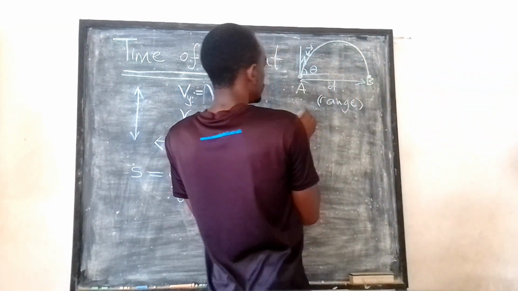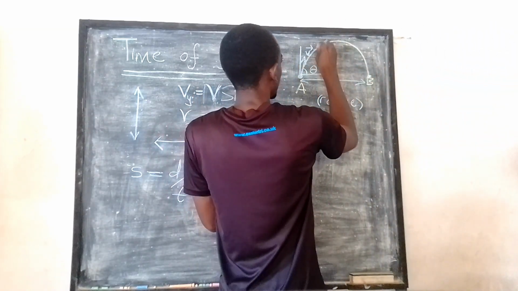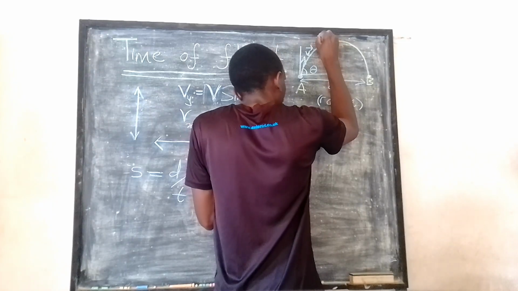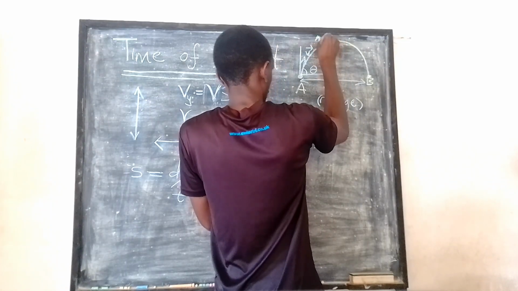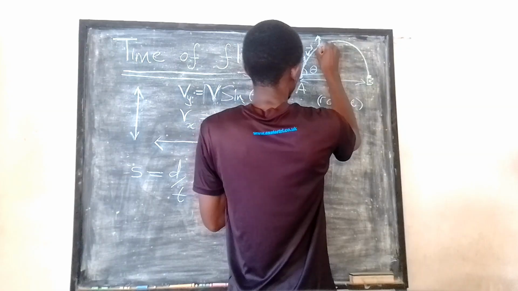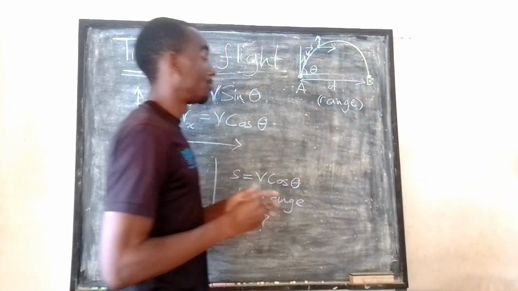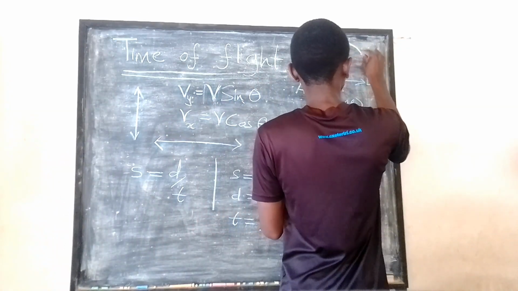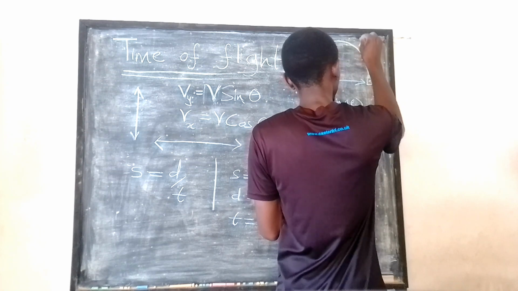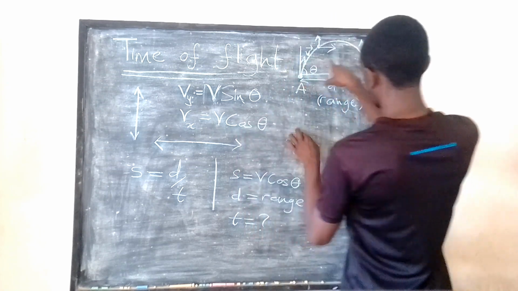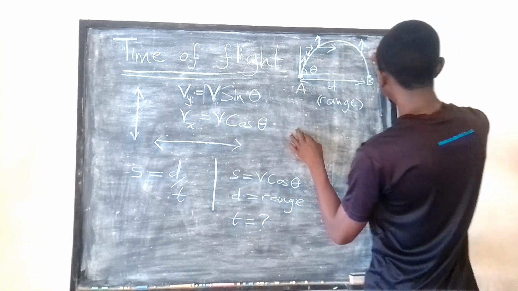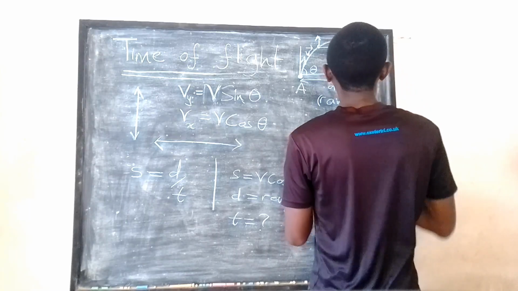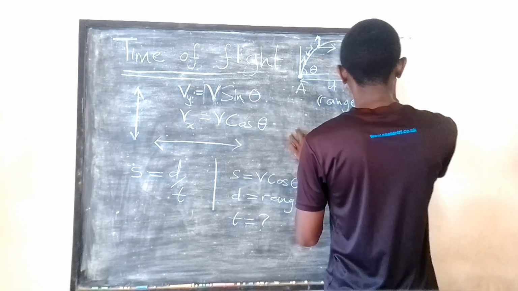So say our object is launched from point A. When it gets to this point, it has a certain vertical component of the velocity and it has another component of the velocity. And when it gets to this point, it has a certain component of the vertical velocity and a certain component of the horizontal velocity.